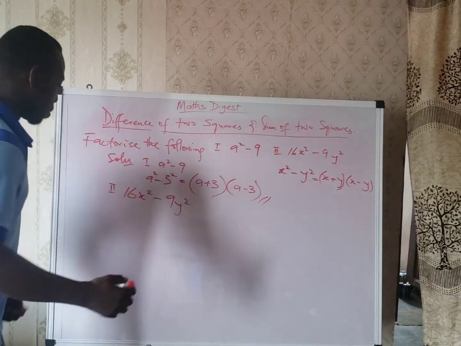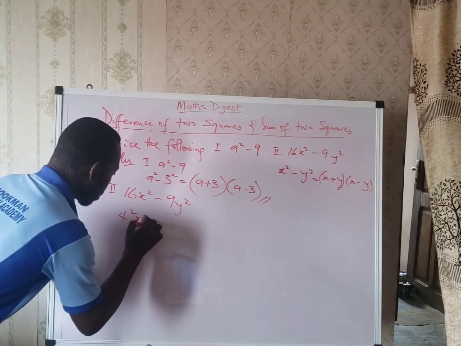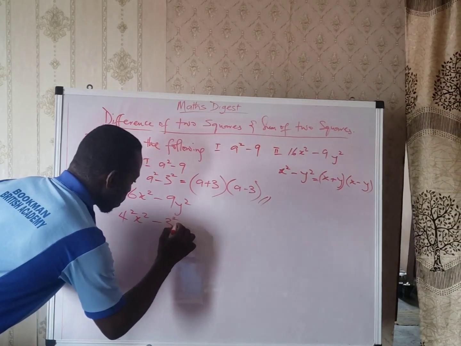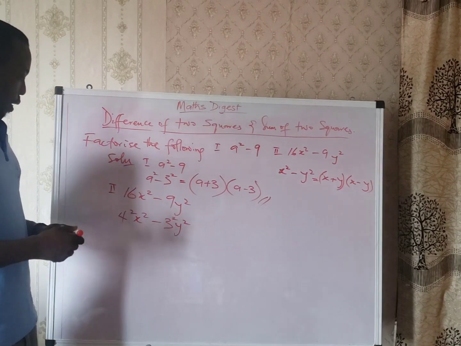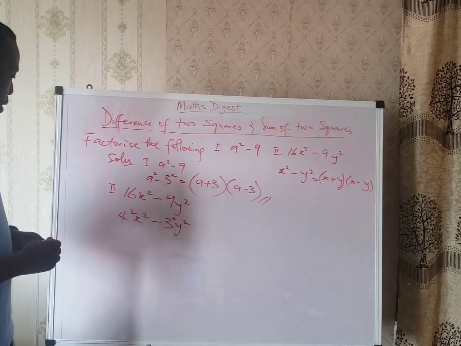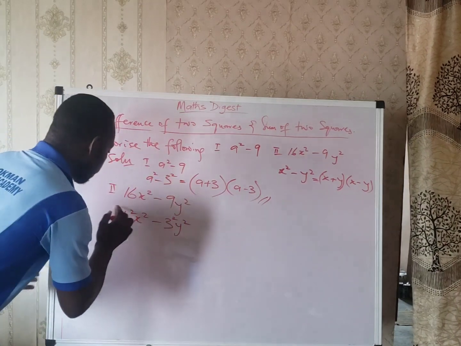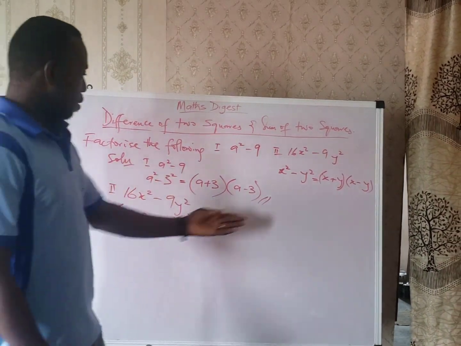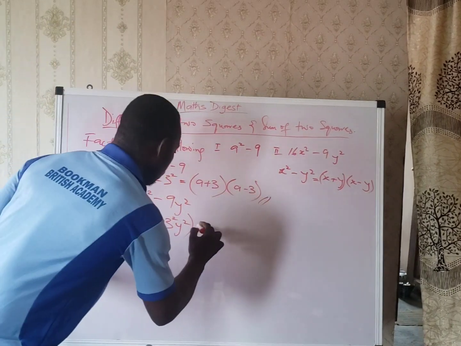Those numbers are 4 and 3. So we have 4x squared minus 3y squared, and we can rewrite it like this.